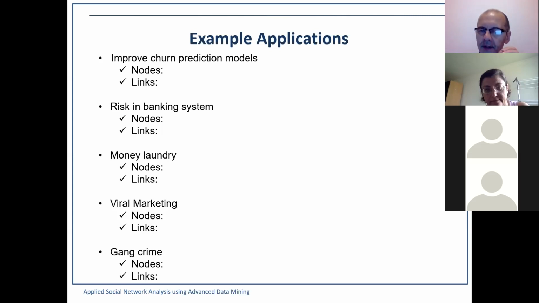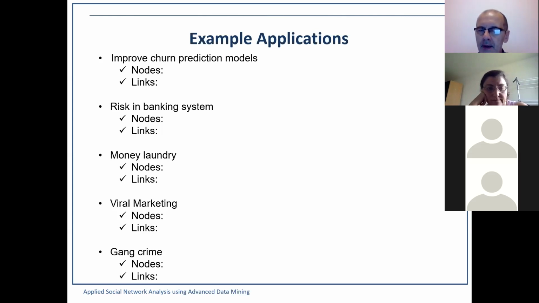Just on an individual level, a model that decides for each customer based on their individual data. That's a traditional approach in data mining. How can we extend this kind of model using social network analysis?